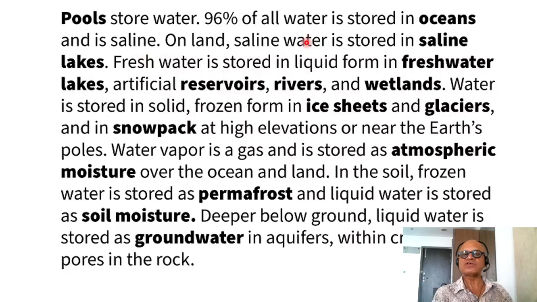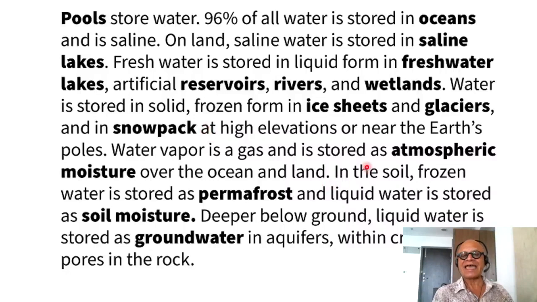On land, saline water is stored in saline lakes. Fresh water is stored in liquid form in freshwater lakes, artificial reservoirs, rivers, and wetlands. Water is stored in solid frozen form in ice sheets and glaciers and in snowpack at high elevations or near the Earth's poles.